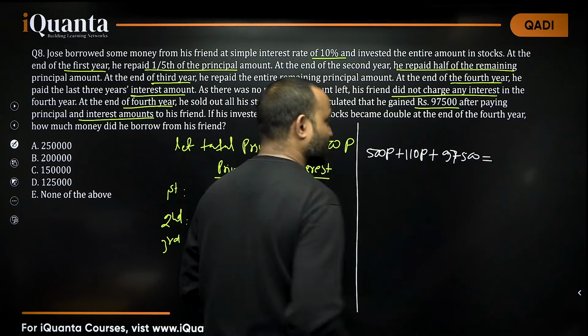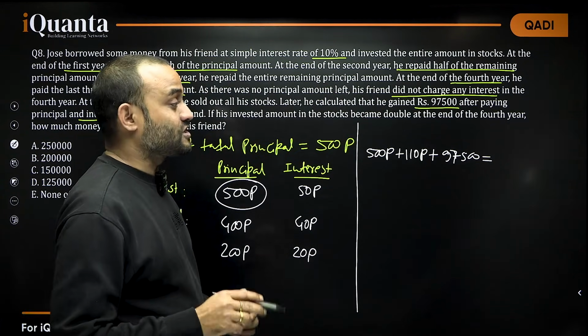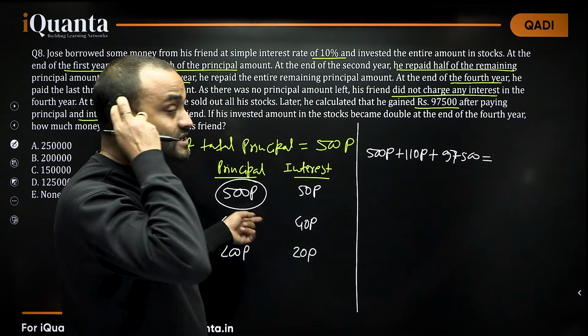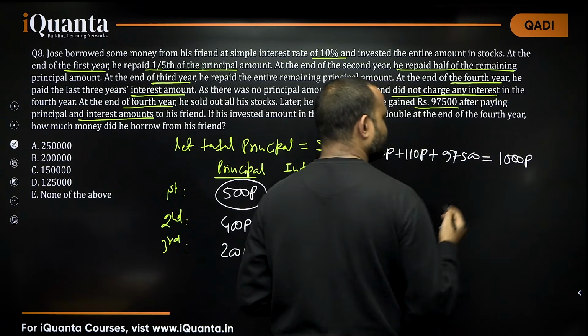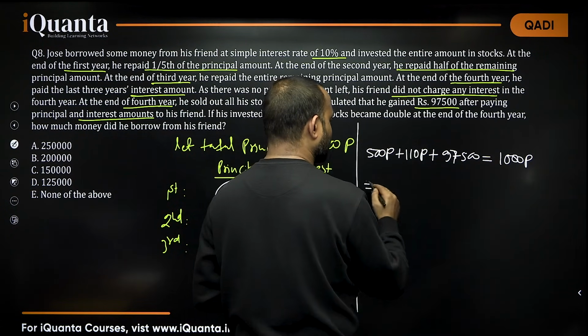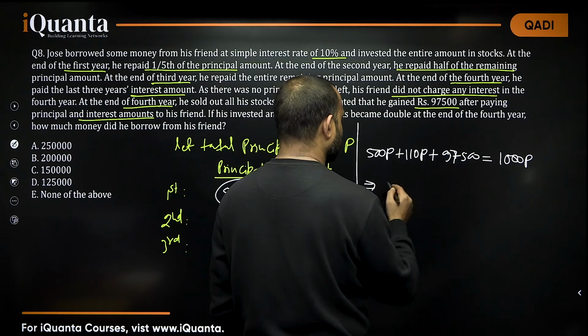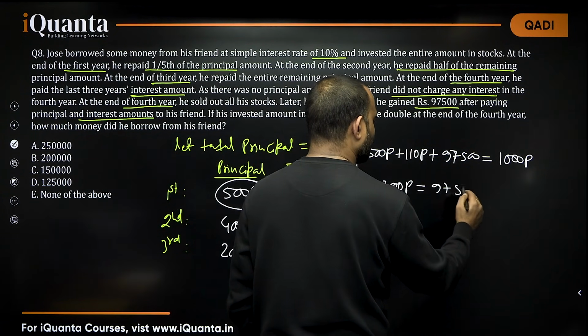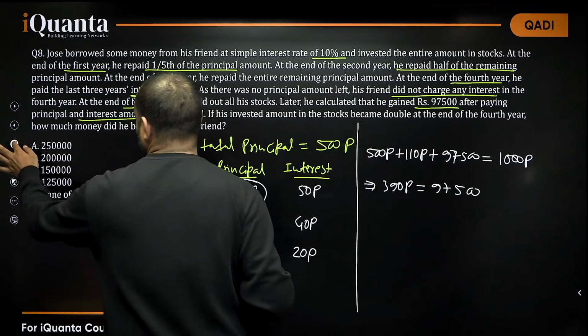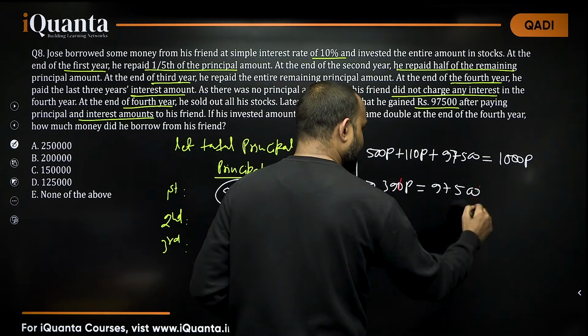This is equal to the value of his investment, which became double, right? So he invested 500P, and now this value is 1000P. This is the total value, right? So now we are getting 610P, so 390P is equal to 97500. Now this must be divisible.